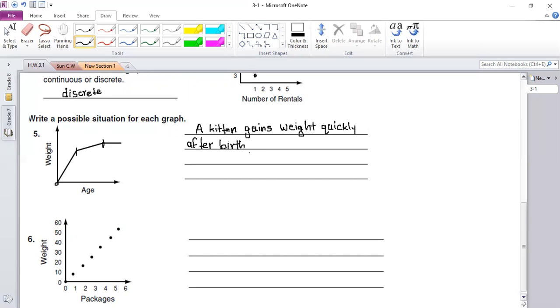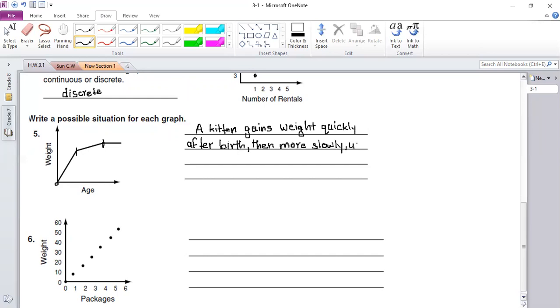And then what happens? Then more slowly, because the graph is flatter there, but it is increasing. Then more slowly, or you can even say gained weight more slowly. It's totally up to you how you are going to change the words. I'm only giving you an idea what the words should be here.